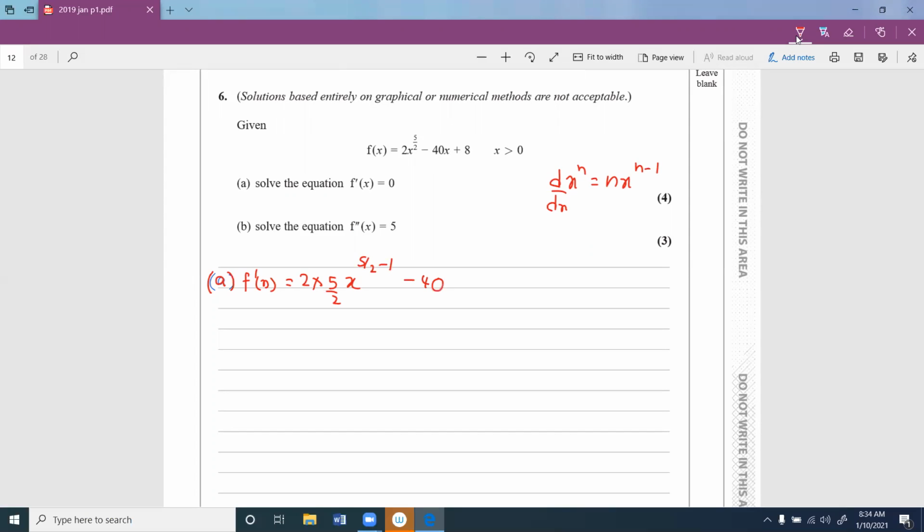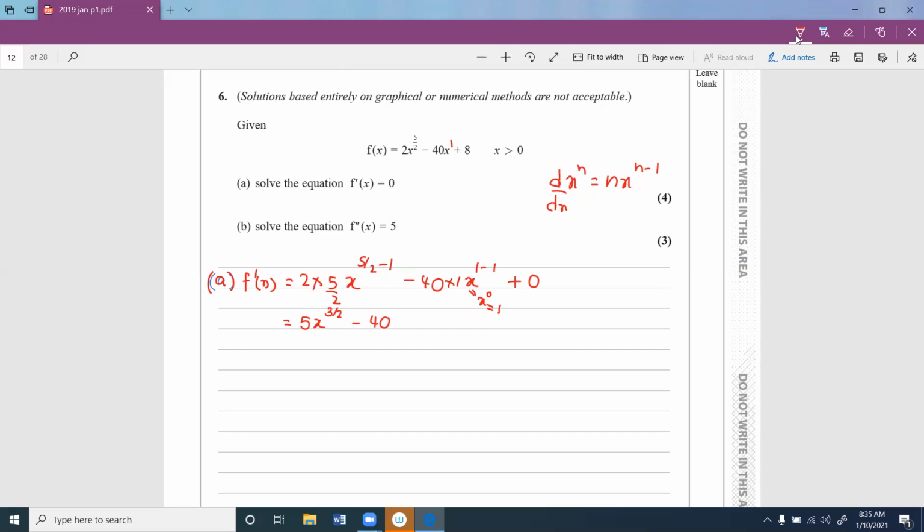Minus 40: we need to understand that x means x to the power 1, so 1x to the power 1 minus 1. Plus, if you differentiate just a constant, the answer becomes 0. Therefore, this turns up to 5x to the power 3 over 2 minus 40. Here x to the power 0: what is the value of x to the power 0? Any term to the power 0 becomes 1. So 40 times 1 turns up to 40.